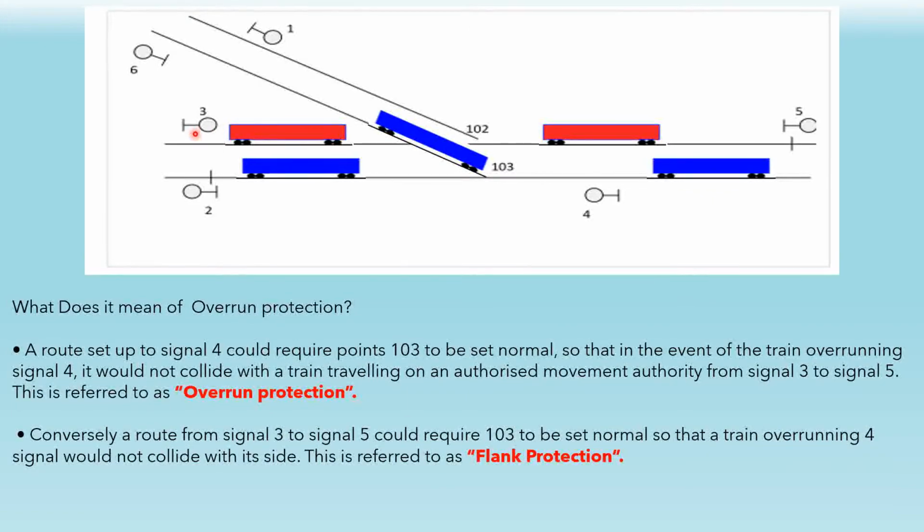For the train moving over the main line, or the route set between signal 3 and signal 5, it requires that point 103 sit at normal position to protect against any overrun from trains coming past signal number 4. This is the same meaning, but it belongs to the movement over the main line. It's called a flank protection.